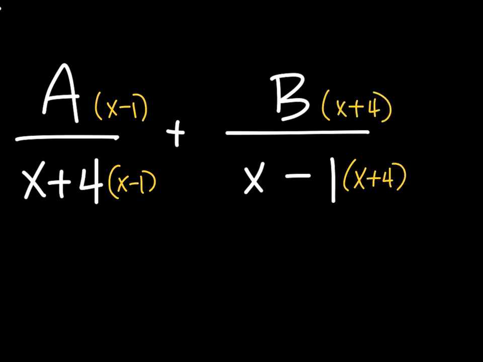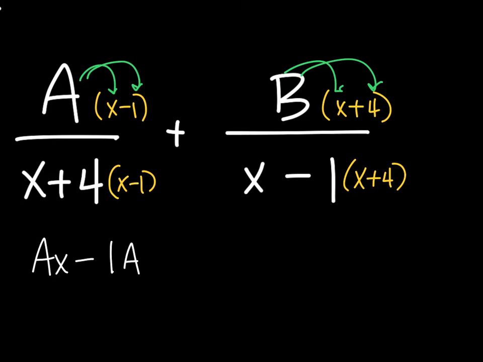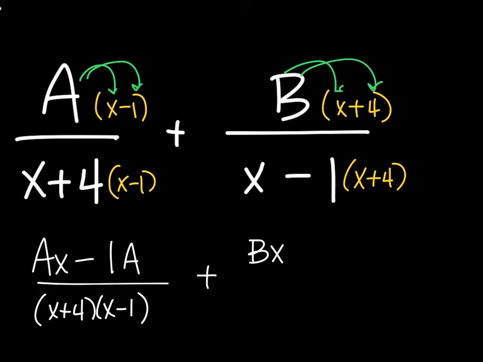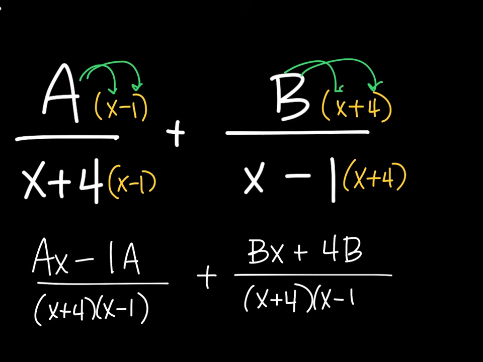So we'll do some distributing of my capital A and my capital B. So I will now have capital A x minus 1A over the common denominator, x plus 4, x minus 1, plus, distribute the B, so capital B x plus 4B, also over the common denominator, x plus 4, x minus 1.